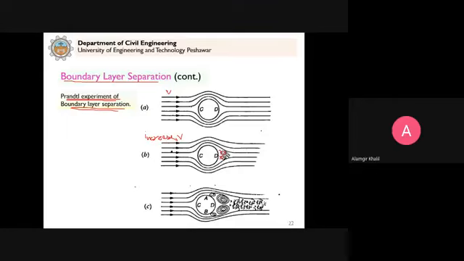And if you further increase velocity, then these vortices become more and more prominent. You see that from D, these vortices have shifted towards A and B. So this was a simple experiment conducted to visualize the boundary layer separation.